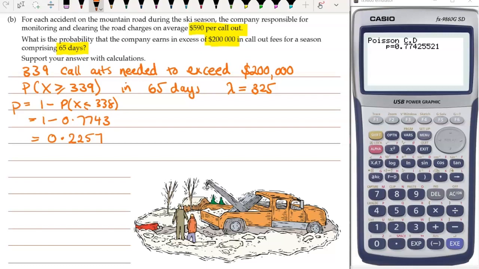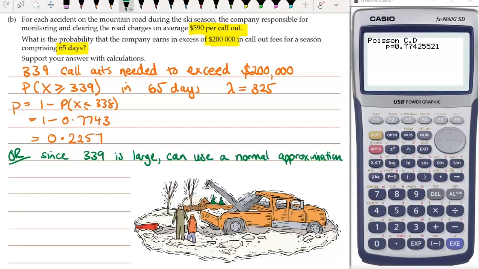Now, I believe that would be accepted as the answer, but you'll see in the book, they've actually suggested a different way to this, which I think is also legitimate. So I'm going to show you the other way, which is when we have a large value. Since 339 is large, we can use an approximation of a normal.